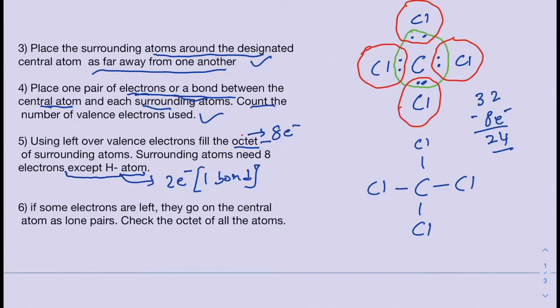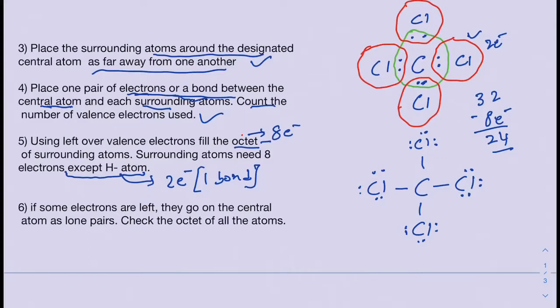Keep that in mind. So far, each chlorine has 2 electrons. If I go back to the circles that we have made, each chlorine has 2 electrons in there. So to fulfill the octets of these chlorines, I would have to put in 6 more electrons around each chlorine, and whenever you put in those electrons, you always put them in the form of pairs.